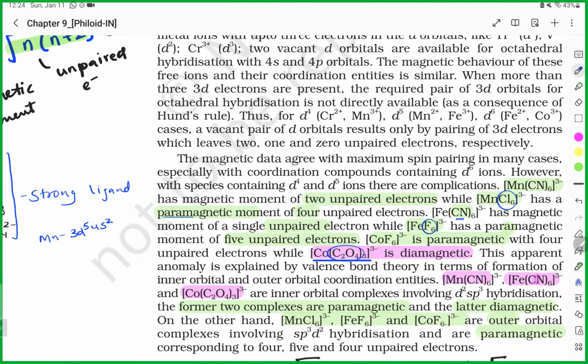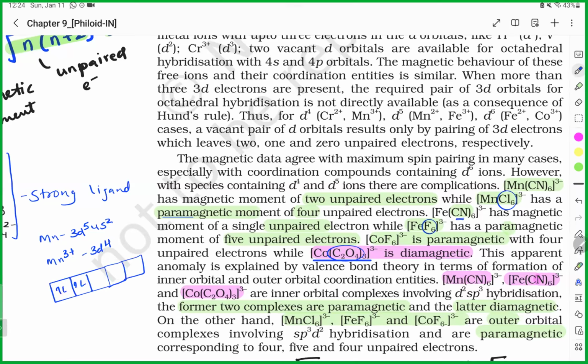Here manganese is present as manganese 3 positive, so it will be 3d4. Correct. If you have a strong ligand, it will cause pairing, 1, 2, 3, 4, and 5. You have 4 electrons in the paired situation.